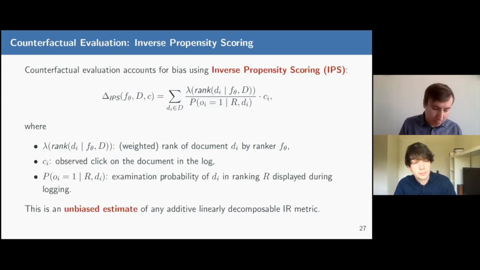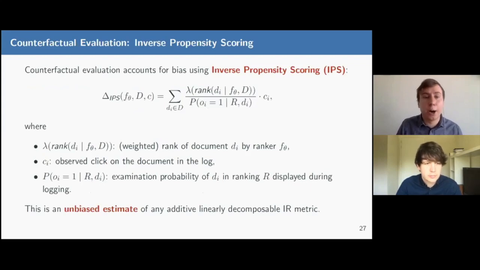And it is getting rid of this bias that we just saw got introduced, by using this principle of inverse propensity scoring. So I'm going to jump right into this formula here. We have, again, this delta function, which is our evaluator or estimator for our evaluation. And this one looks pretty much the same as what we had before. It's also taking clicks, so we're just assuming that clicks are sort of a proxy for relevance, like we have here, the CI.